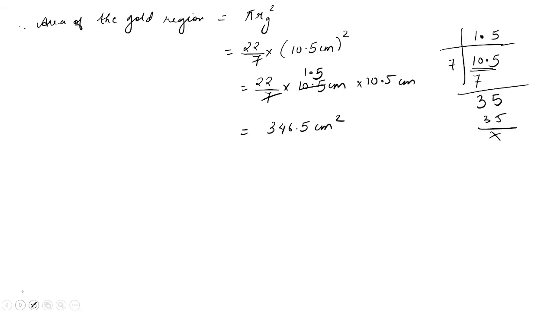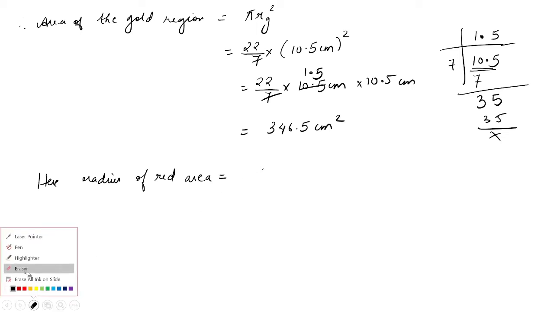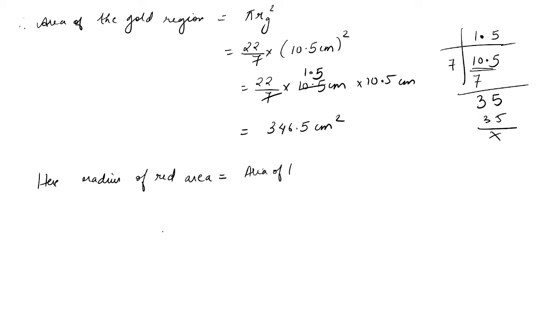So you can write this here. Radius of red region is going to be equal to 10.5 plus 10.5.